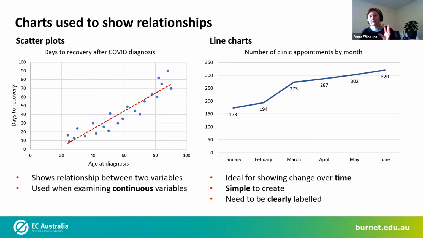A scatter plot is really helpful if your question is, say I've got column A and column B. I want to know, as column A goes up, so as the number gets bigger, what happens to column B? Does the number get bigger or smaller for that same person?